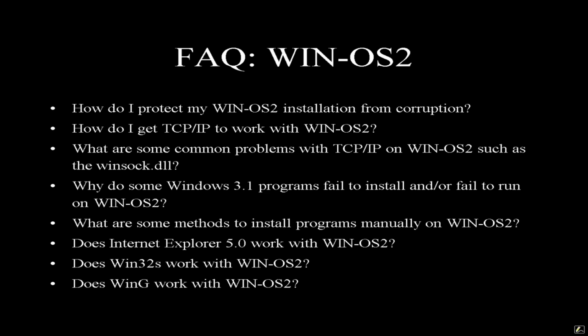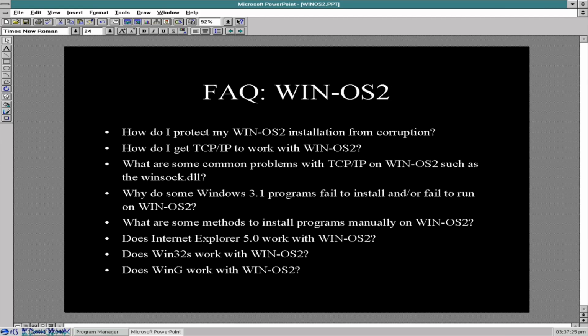So the next question is, why do some Windows 3.1 programs fail to install or fail to run in WinOS 2? So the problem with WinOS 2 is it's not satisfied with the layout of the machine. So it doesn't like the folder that it's in.